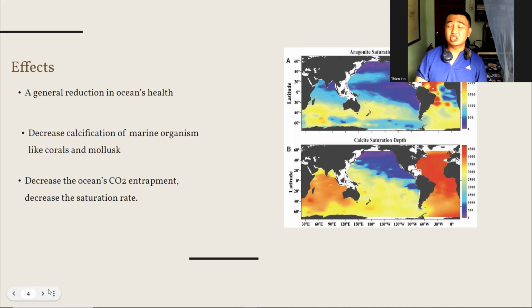These sediments will start to release CO2 back into the ocean and create a deadly feedback cycle, in that the ocean will release the CO2 back into the atmosphere because it gets saturated. And because of this, it creates another feedback cycle, in that the greenhouse effect and the CO2 concentration in the air get higher and higher over time, and the ocean gets more acidified over time.